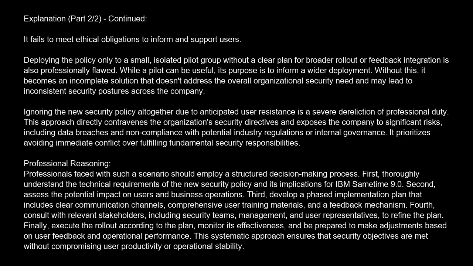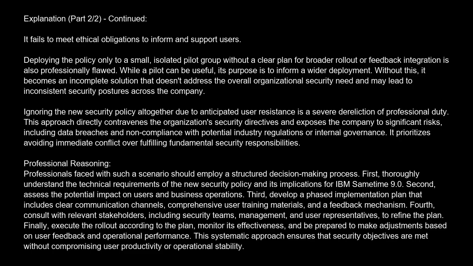Professional reasoning. Professionals faced with such a scenario should employ a structured decision-making process. First, thoroughly understand the technical requirements of the new security policy and its implications for IBM Sametime 9.0. Second, assess the potential impact on users and business operations. Third, develop a phased implementation plan that includes clear communication channels, comprehensive user training materials, and a feedback mechanism.